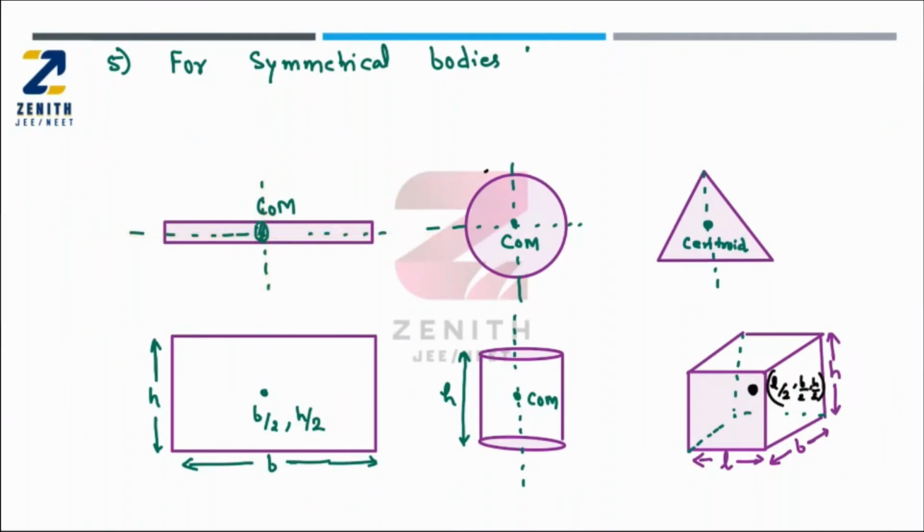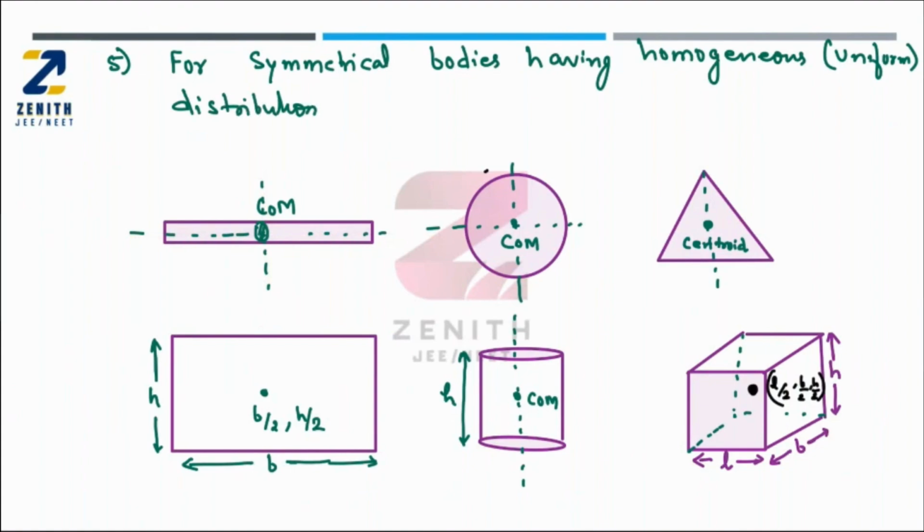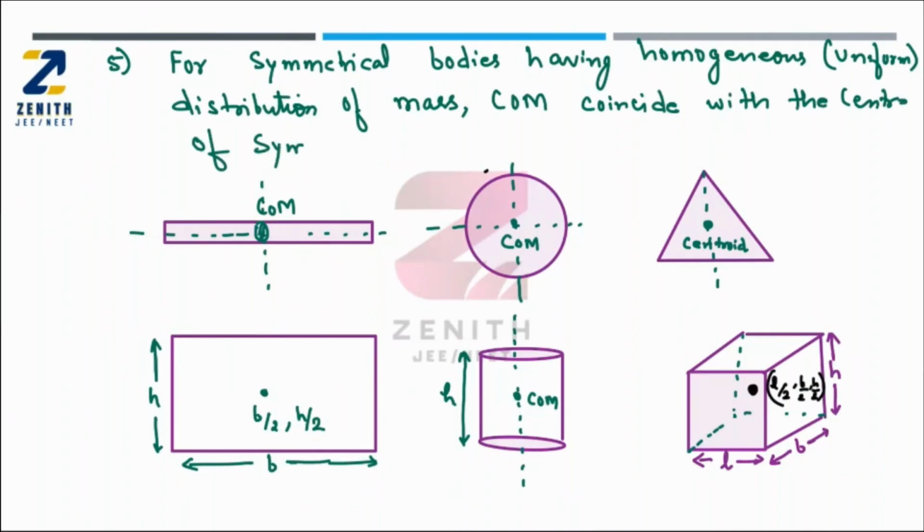So for symmetrical bodies having homogeneous, or we can say uniform, distribution of mass, their center of mass will coincide with the center of symmetry, or the geometrical center.